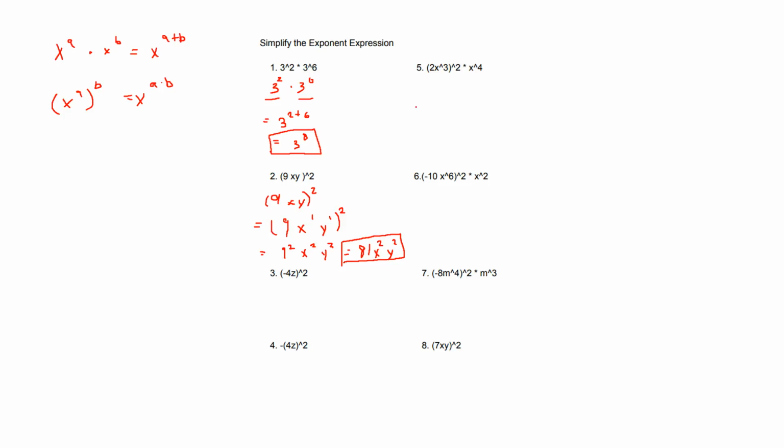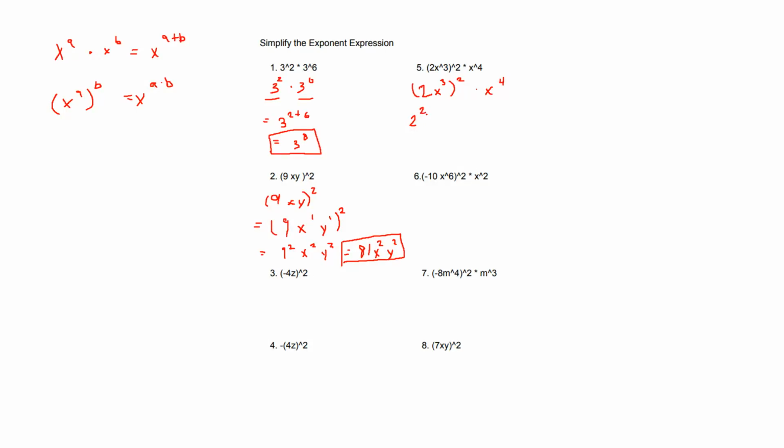Now, if you take this a little bit further, it's like a number 5 here. Number 5 is 2x cubed raised to the power of 2 times x to the power of 4. So here, you just need to combine what we basically did in 1 and 2. So for this first part, just like here, right?